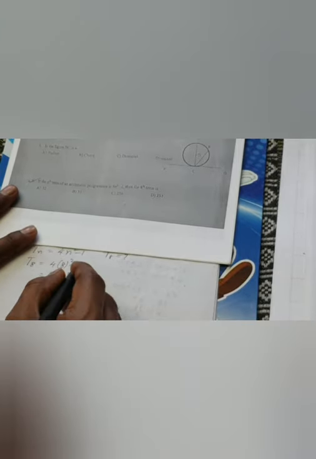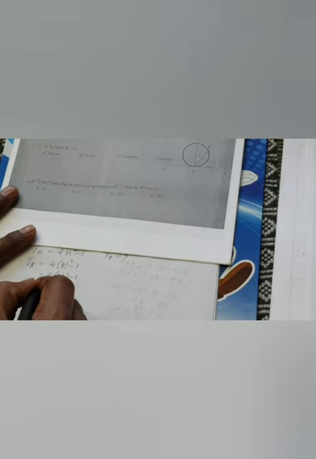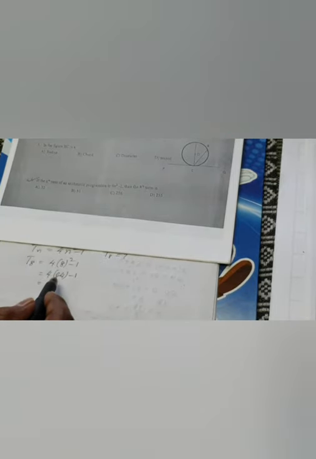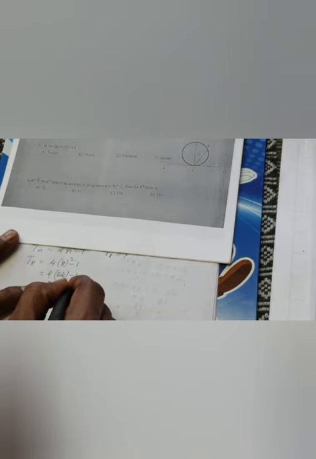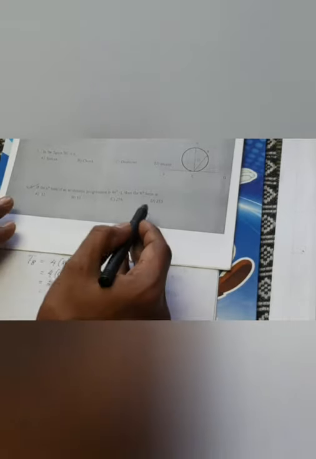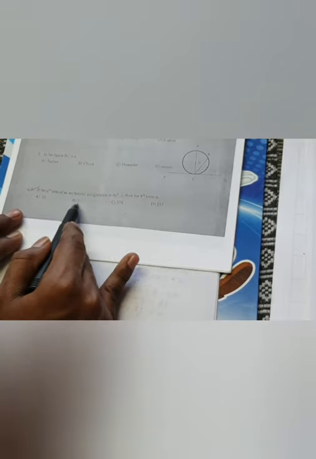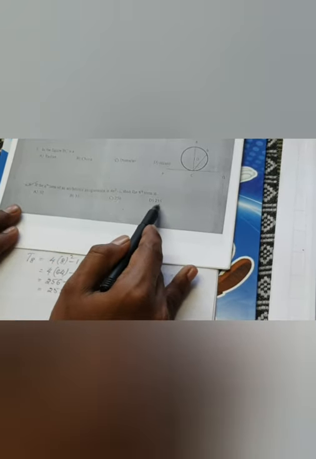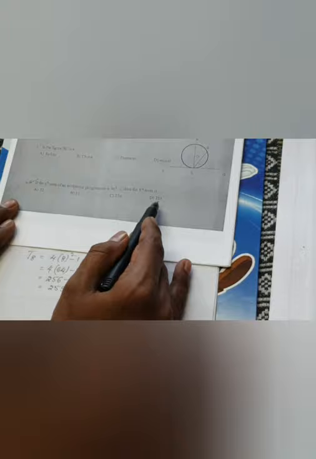It is 4 into 64 minus 1. So now what is 64 times 4? So 4 times 64, if you multiply, you will get 256 minus 1. Okay, so 256 minus 1 is 255. So I have an option here, 32, 31, 256 and 255. So the right option here is 255.